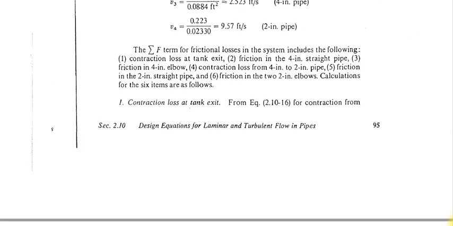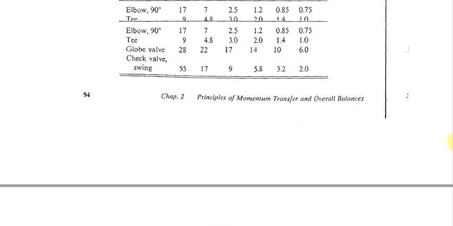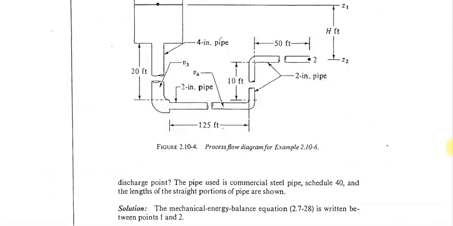Now you have to calculate the sigma f value, the friction losses. In this system, friction losses are due to the contraction loss at the tank exit. So where is the contraction loss? In this diagram, this is the exit of the tank. Here you have a sudden contraction, so there is a loss of energy at this point.